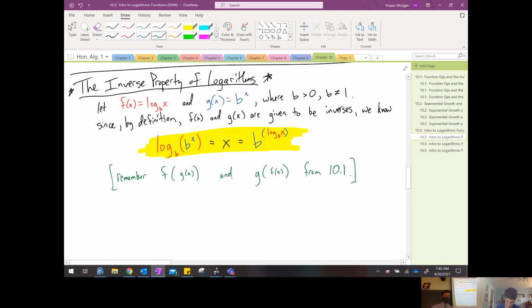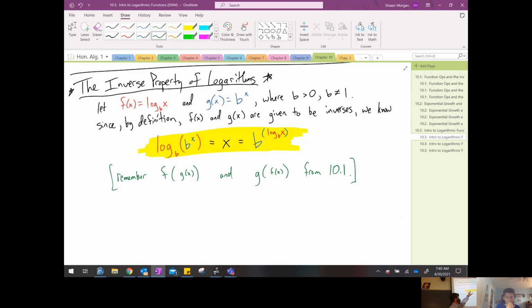If I plug the log function into the exponential function, the same thing occurs. That composite, because they are inverses, simplifies down to x. Now, what does that mean in practicality? That means I can use the log as an operator on both sides of an equation to cancel out an exponential function and isolate the desired variable in the exponent.